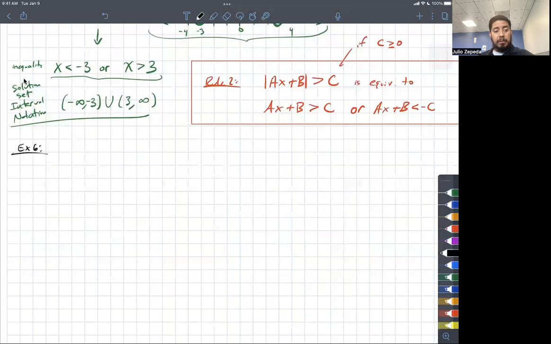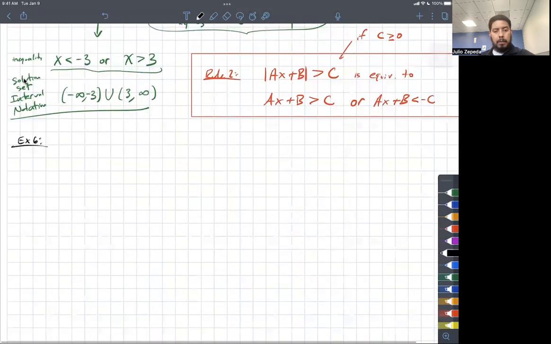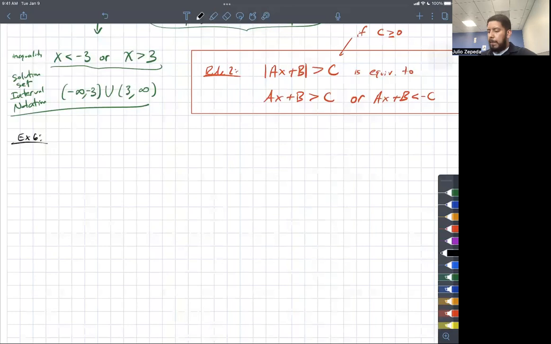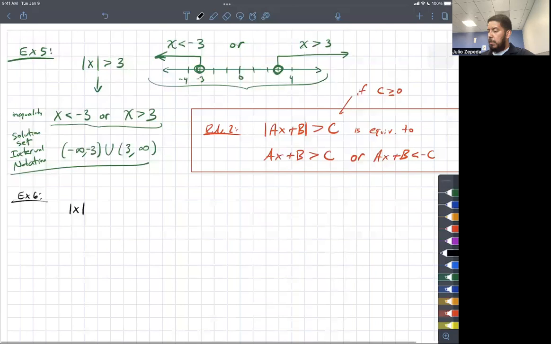All right, moving on to example number 6. Example number 6, the absolute value of x is less than, let's do less than or equal to 3. So we'll start with a graph again, because a lot of times they give us good insight on what the solutions might be. 1, 2, 3.